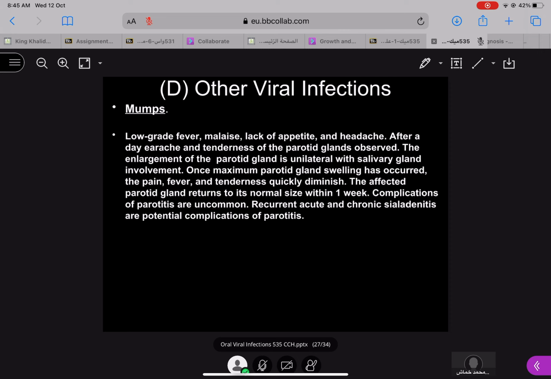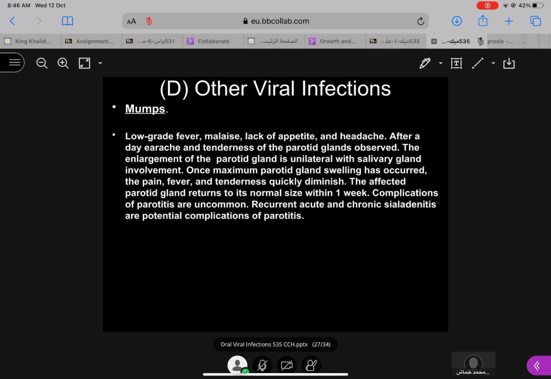Once maximum parotid gland swelling has occurred, the pain, fever, and tenderness quickly diminish. The affected parotid gland returns to its normal size within 1 week. This is also a self-limiting infection.